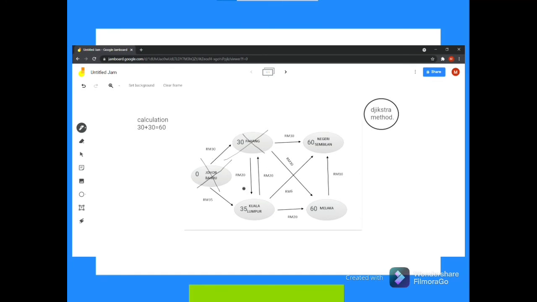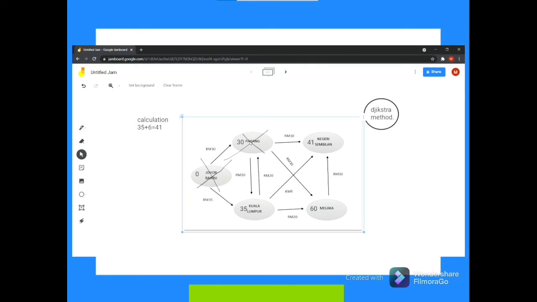So we count from Johor Bahru to Kuala Lumpur and to Negeri Sembilan. So we add 35 plus 6, which is equal to 41. Since 41 is lower than 60, we change Negeri Sembilan to 41.